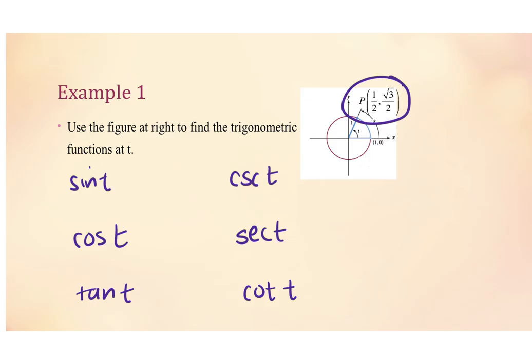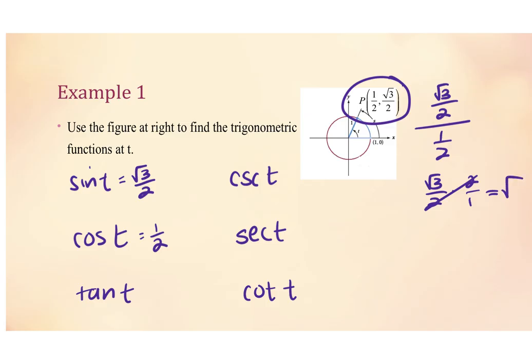Which part of the coordinate point is sine? The y, so this is root 3 over 2. Which part is cosine? The x, which is 1/2. How do I find tangent? Good. It's root 3 over 2 divided by 1/2, which becomes root 3 over 2 times 2 over 1, and that's just root 3.